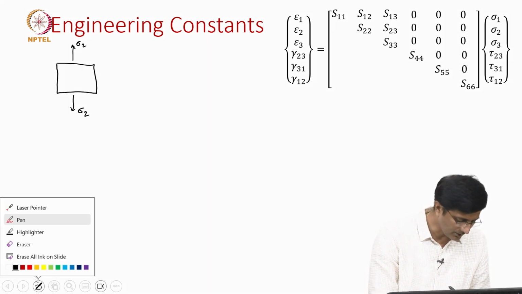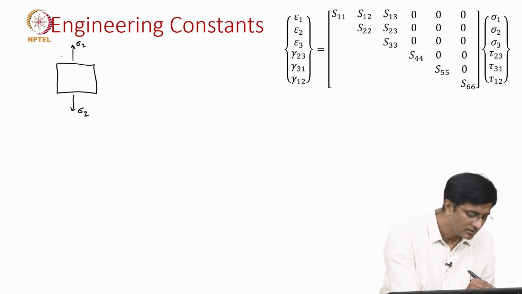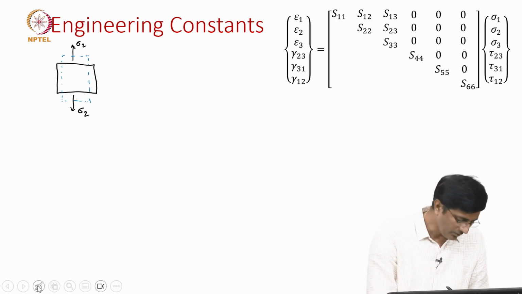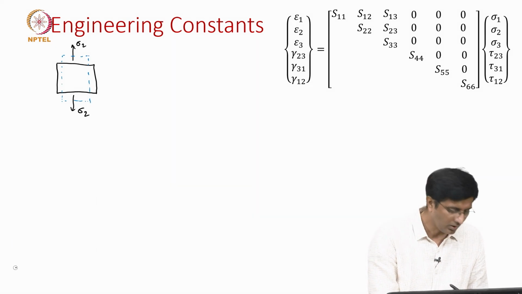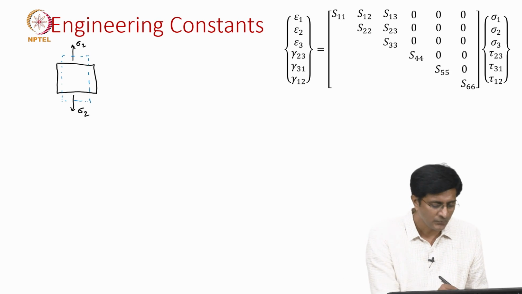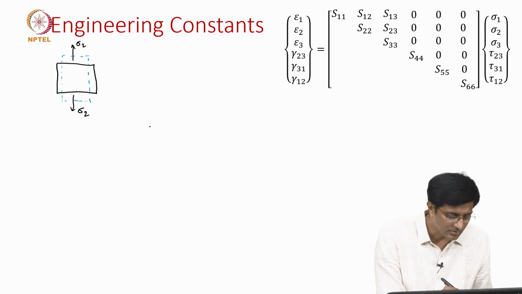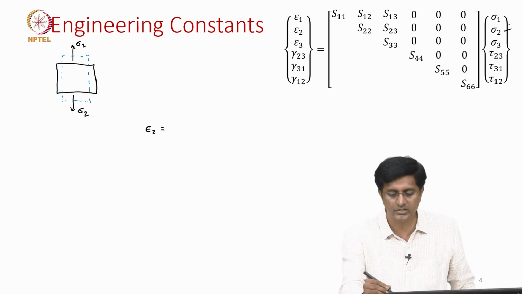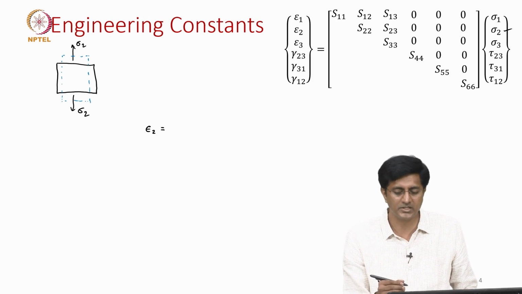Then we expect the deformation to be something like this. Now we are interested in writing out the different strains. This time let us first look at epsilon 2, since sigma 2 is the only non-zero stress and the rest are all 0 applied stresses.